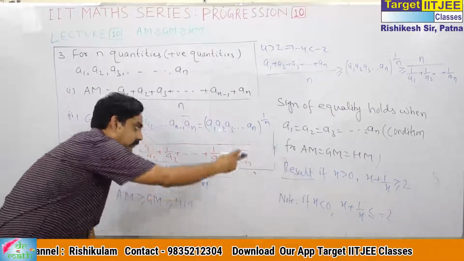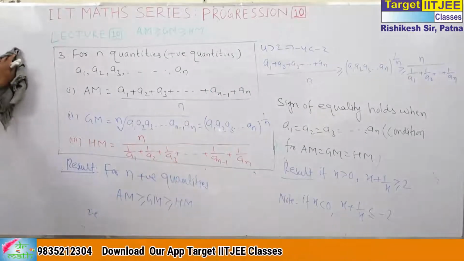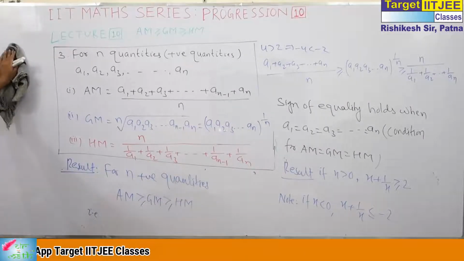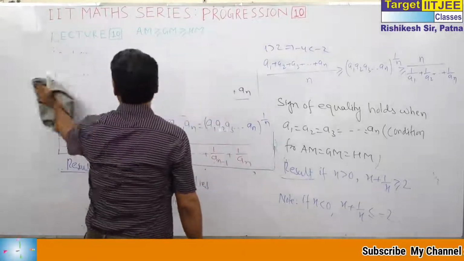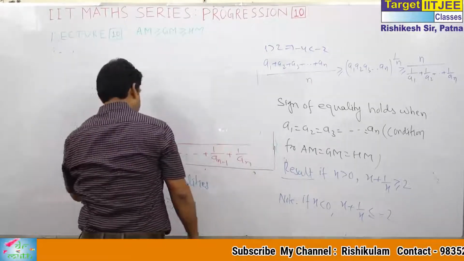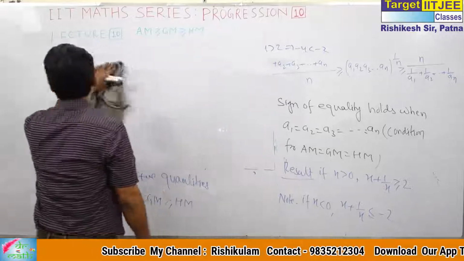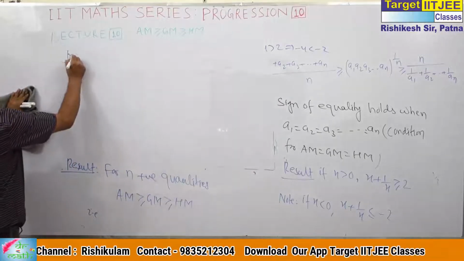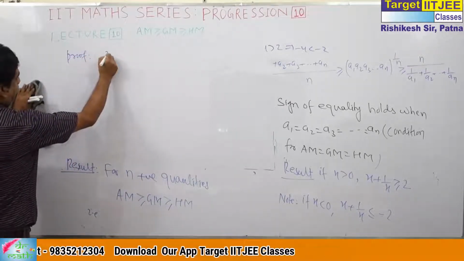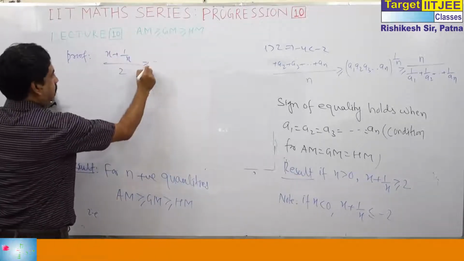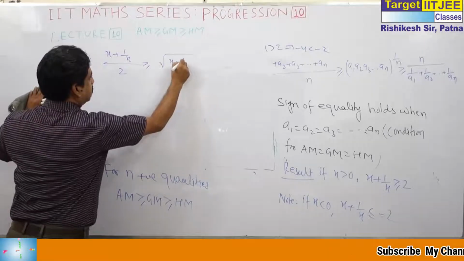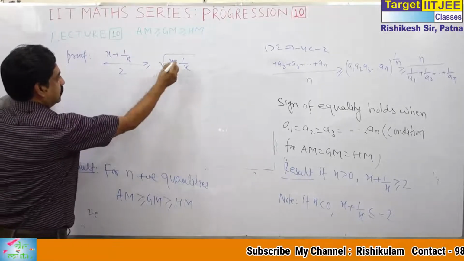I think we have done the proof of this, AM greater than or equal to GM greater than or equal to HM. How? For x plus 1 by x divided by 2, the arithmetic mean of these two is greater than or equal to the square root of x into 1 by x, which is 1.